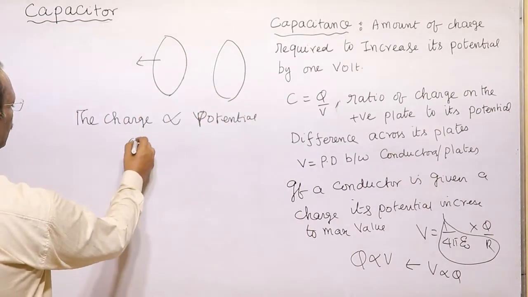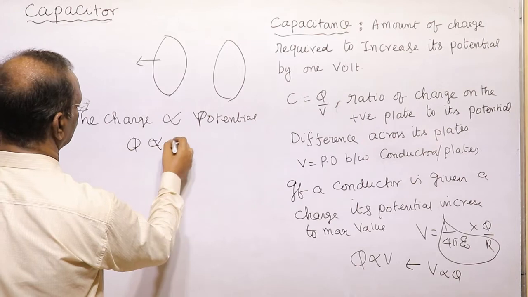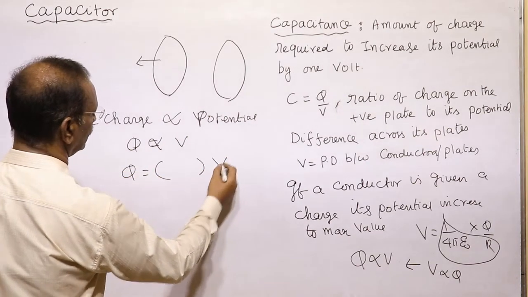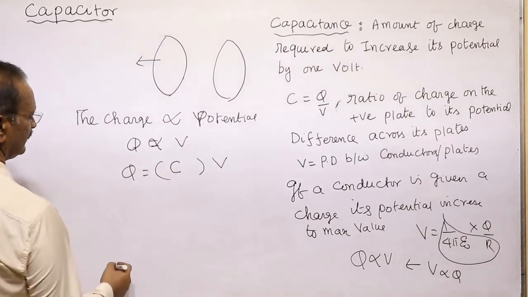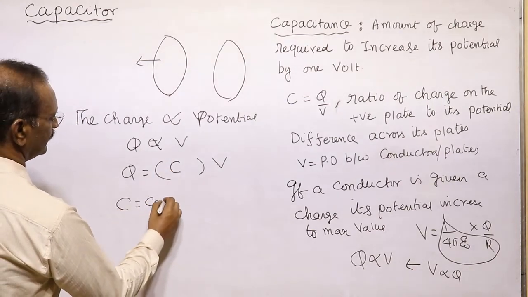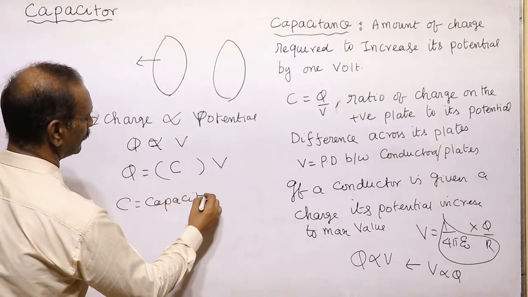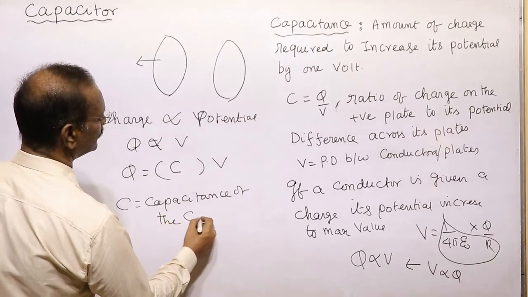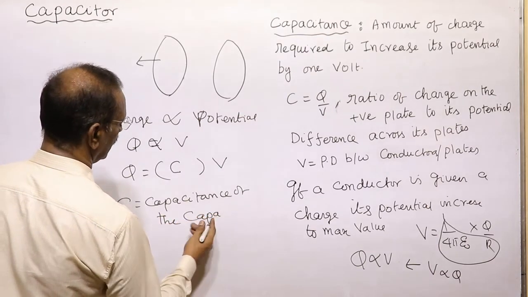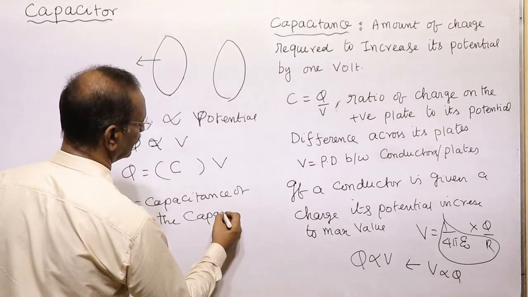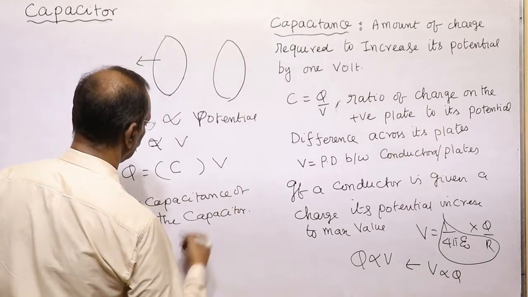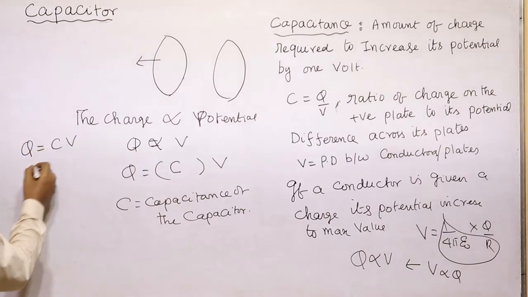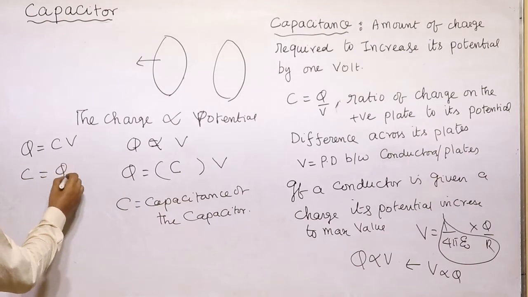Q is proportional to V, or Q is equal to some constant into V. The constant is called C, the capacitance of the capacitor. Capacitor is the arrangement and capacitance is the parameter. So Q is equal to C V, or C is equal to Q by V.